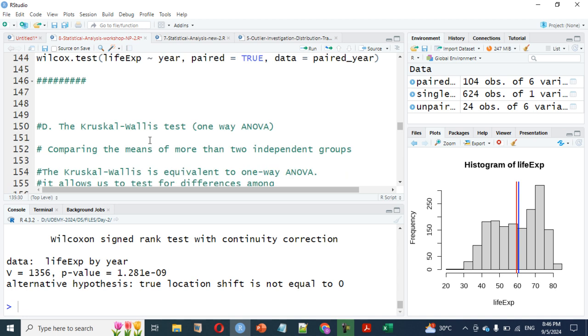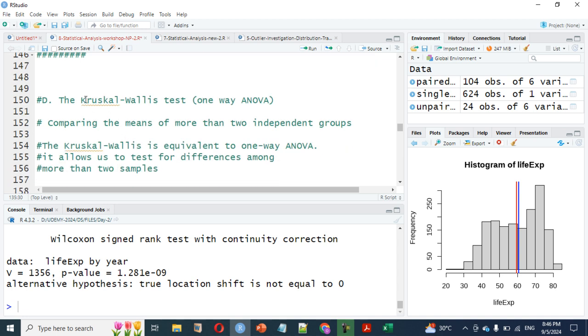Okay. So let's go further and also test for the ANOVA part of it. We want to look at one way ANOVA, as we did also in a parametric test.